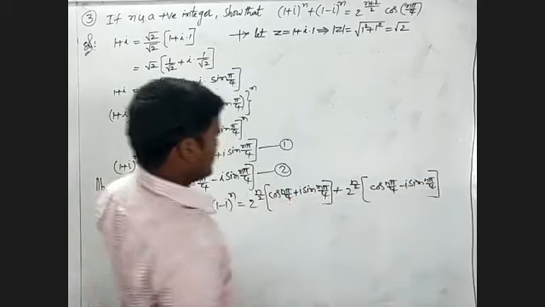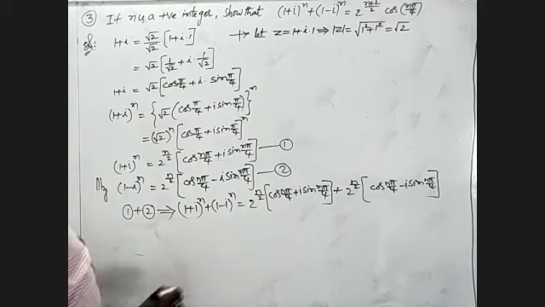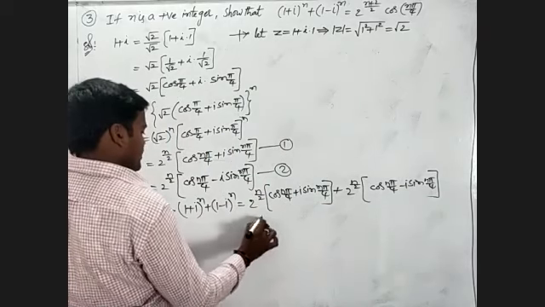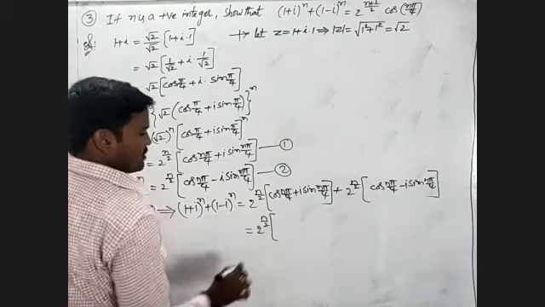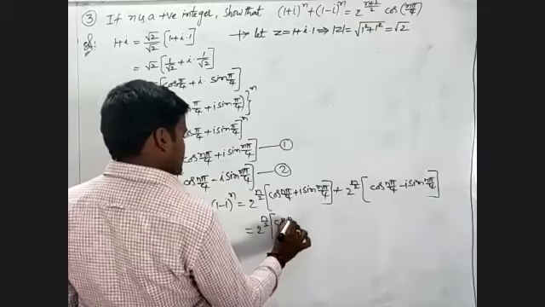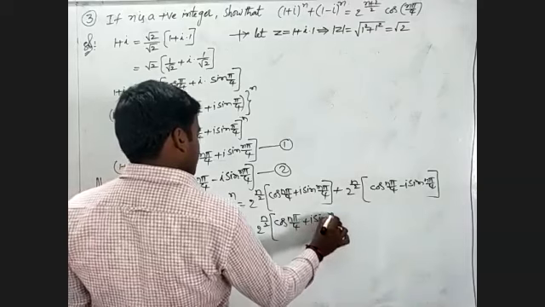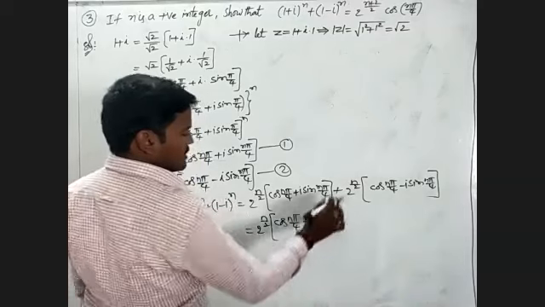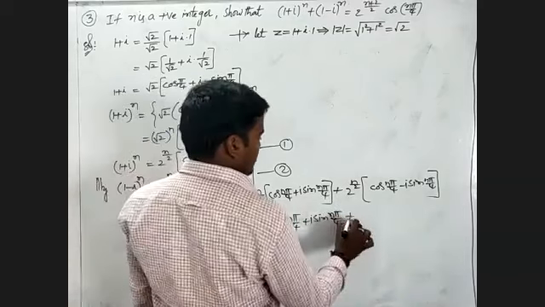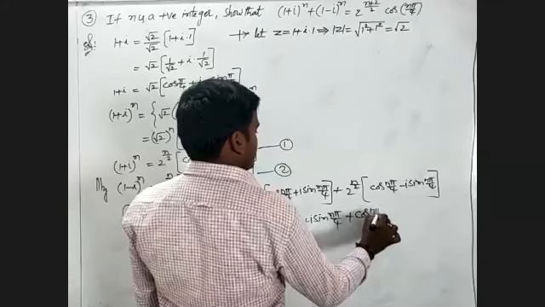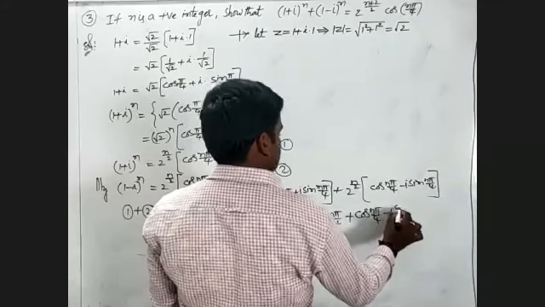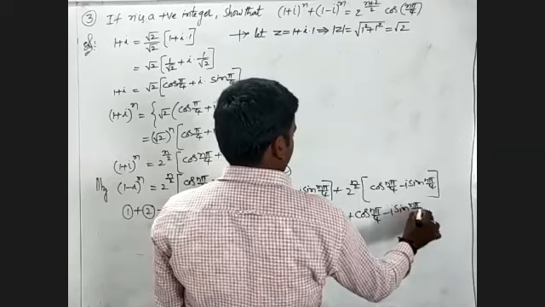I will take 2 power n by 2 common. Remaining we have to write cos n pi by 4 plus i sin n pi by 4 plus cos n pi by 4 minus i sin n pi by 4.